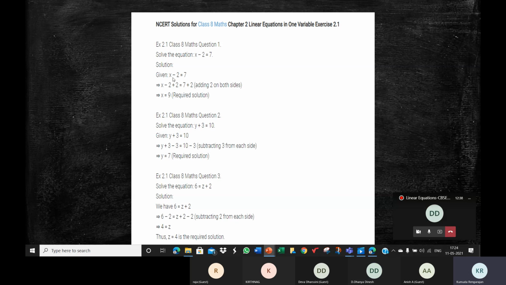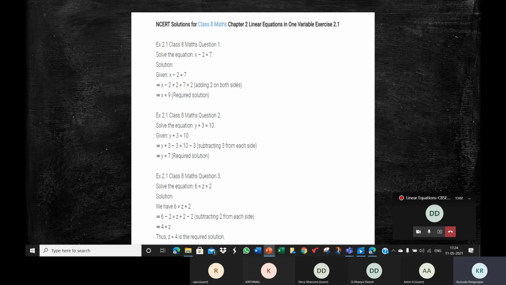See the understanding here. We are given that x minus 2 is equal to 7. We need to solve this equation and find the value of x. Now, what do we have along with x in the LHS? Along with x, we have minus 2.